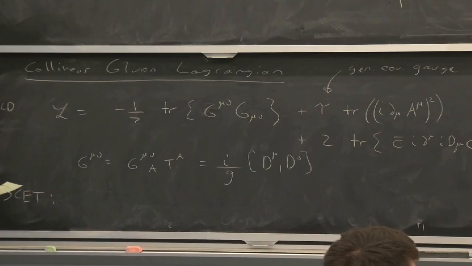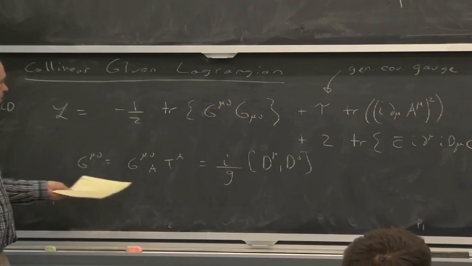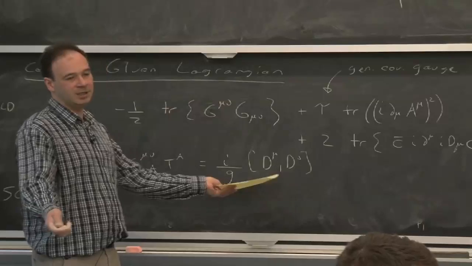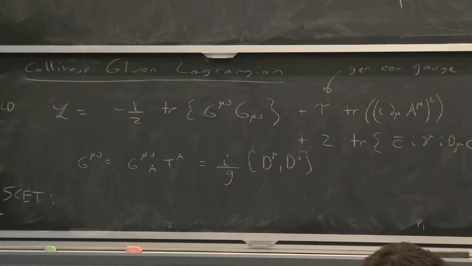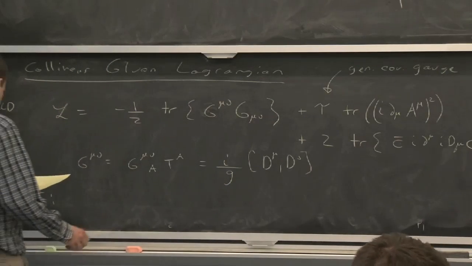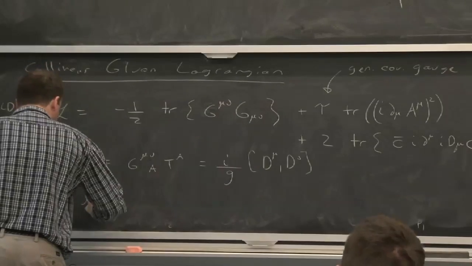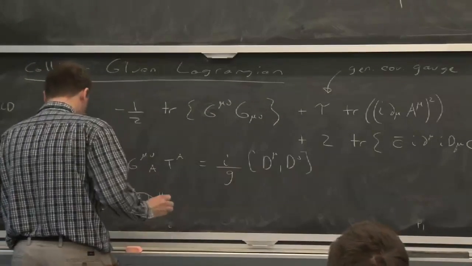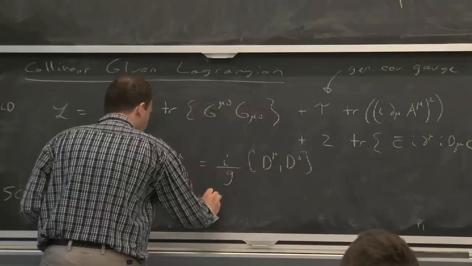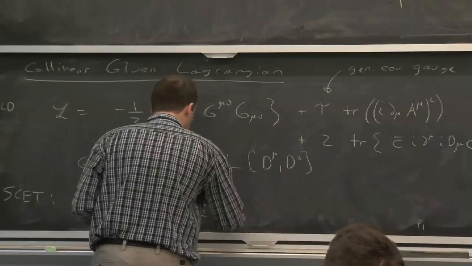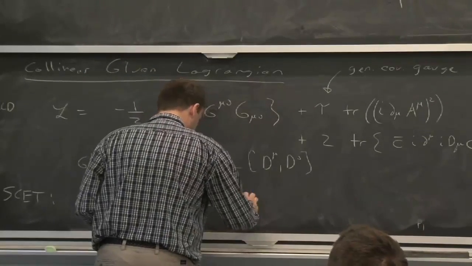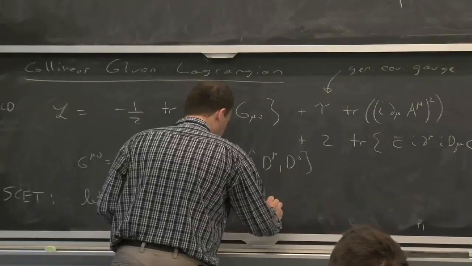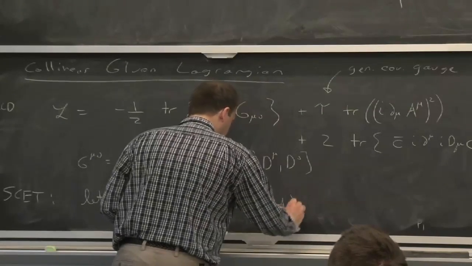If you think about writing all the G's in terms of D's, we already know how to split the D's in terms of ultrasoft and collinear parts. And so that's what we do. So let me write out a D, which is kind of a leading order D, and we'll just set up some notation, and then I can basically write down the answer.